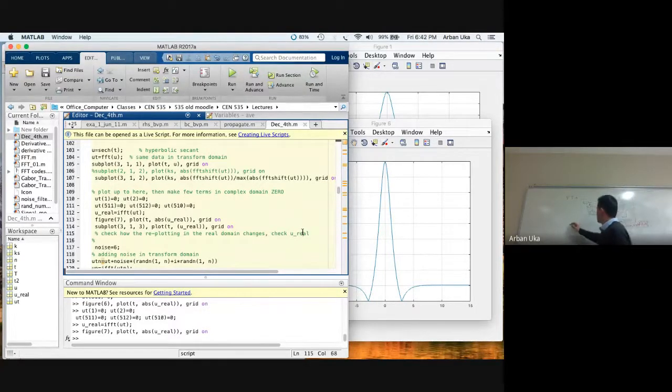The original data was like this, and its frequency component is relatively low. Now, we have this data in k space, so this is t, this is k, this is the function u, and this is ut. This ut is the Fourier transform of u, and what we are doing is erasing one data point right here.